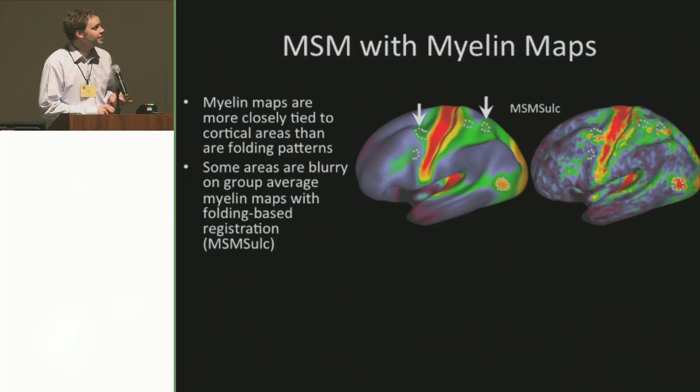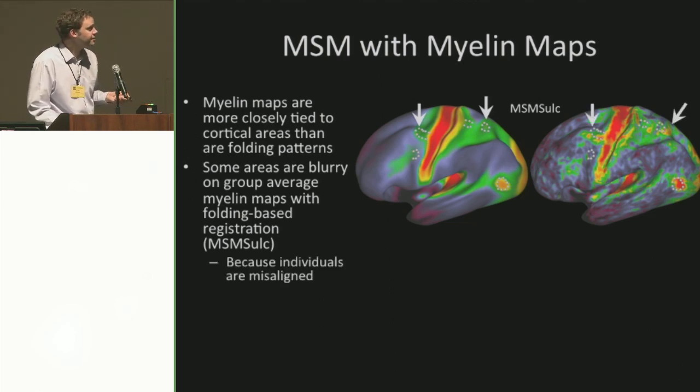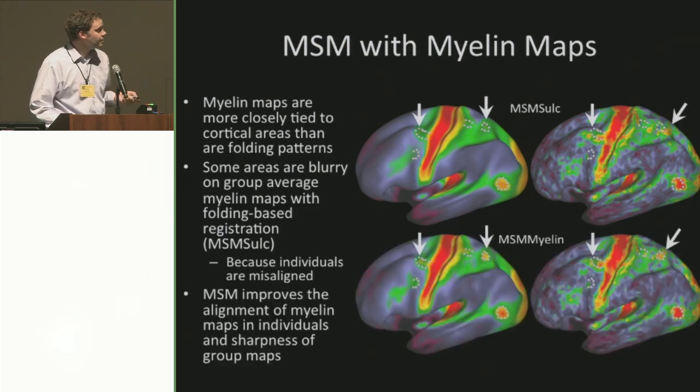And we can see why they're a bit blurry. This is an individual subject here, and we've got misalignment between the areas, the white dots and the individual subject areas. But MSM improves the alignment of myelin maps, so now we get much sharper hotspots of myelin, and that's because the individual subject data is now better aligned.